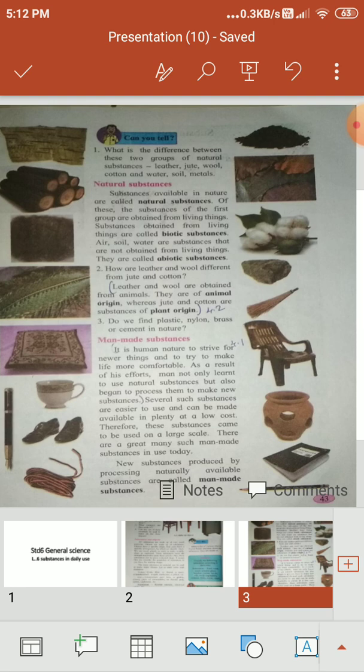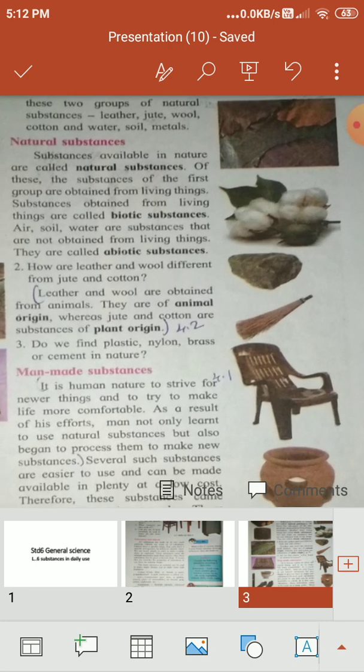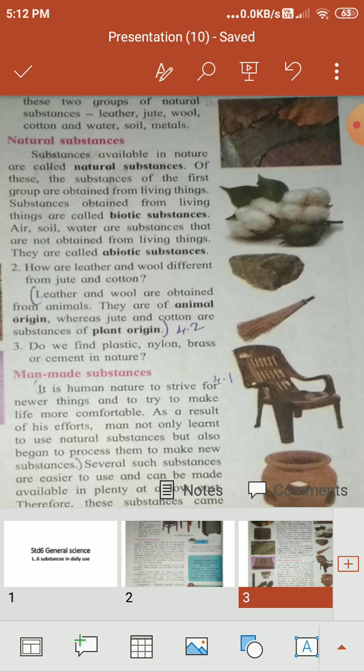One is obtained from animal origin, and another one is from plant origin. Here the substances we have to differentiate between two groups are leather, jute, wool, cotton, and water, soil, metals. Some are animal products, some are plant products.